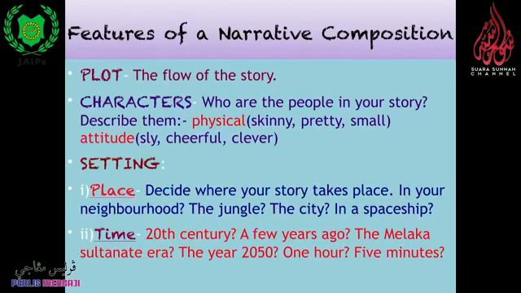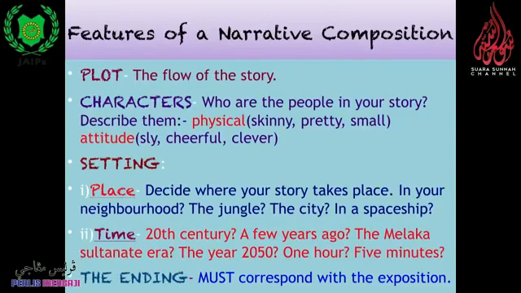So those are the two parts of the setting, that is place and time. And the ending must correspond with the exposition, that is the beginning being given, right? Those are the features of a narrative composition.